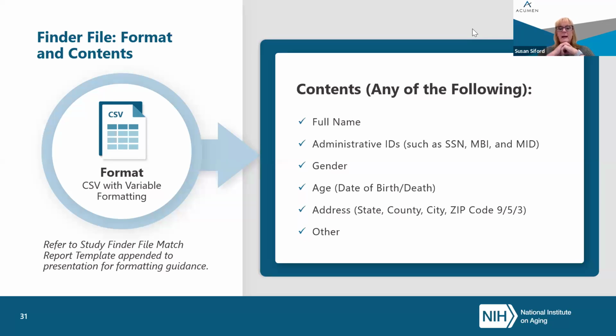We'll provide you with Finder file guideline instructions that will have you prepare this information into a common format in a CSV file that can be uploaded to our enclave and then read programmatically into our algorithm that produces the linkage results.